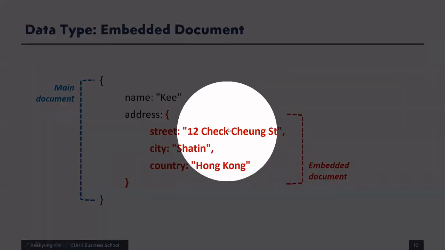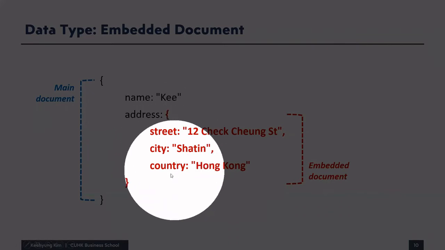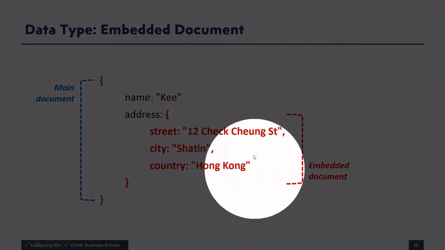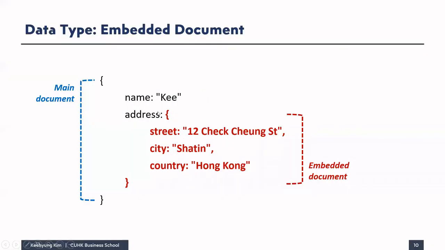So this document containing street, city, country fields is another document which is embedded inside a field of the main document like this. So that is also possible. We are going to talk about embedded documents more deeply later because it's a very important kind of data structure in MongoDB.